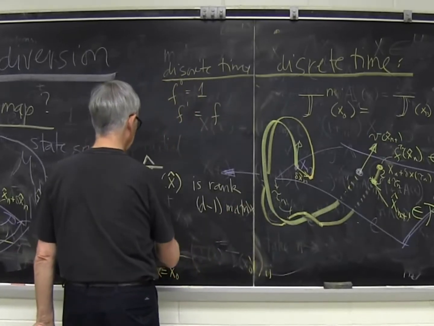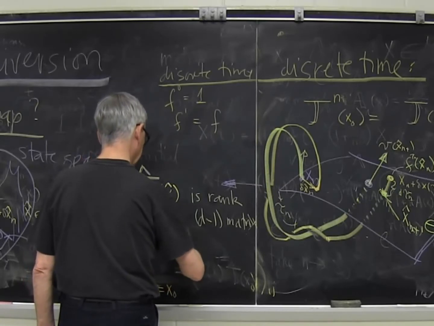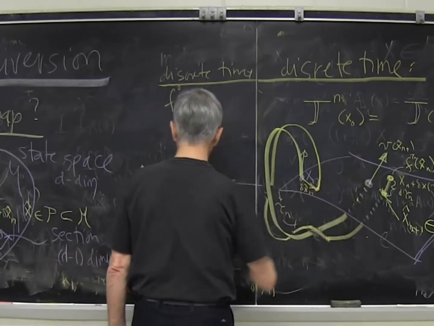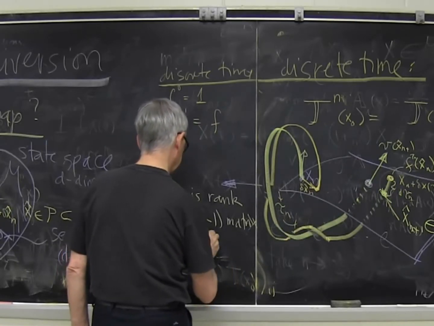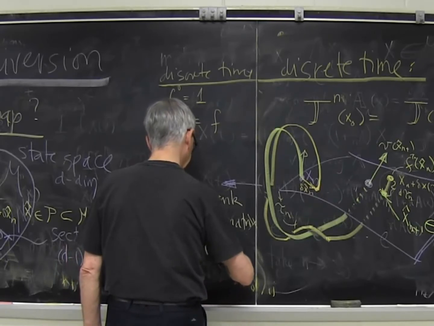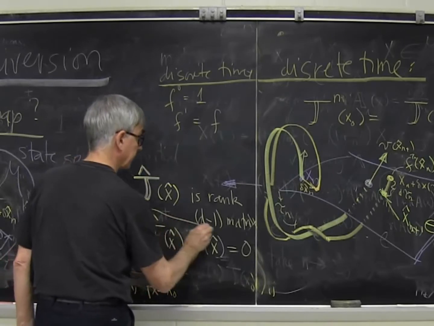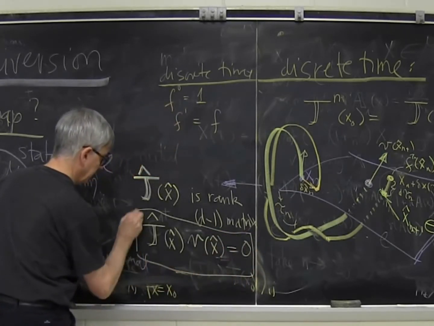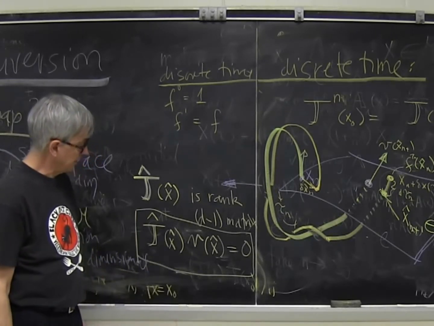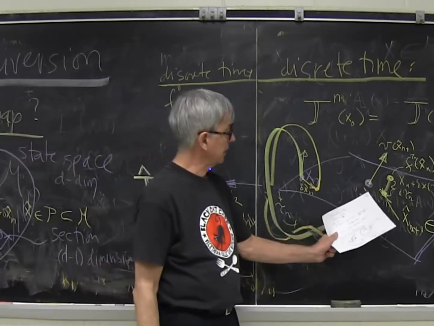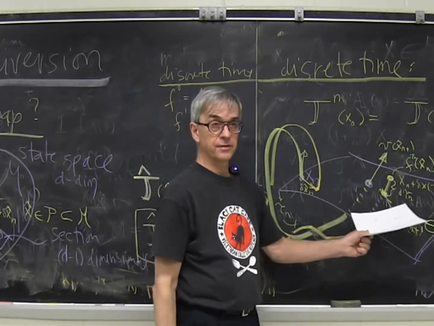And more specifically, you find that J of x prime times this vector here, evaluated at this point, that's 0. So one of the eigenvalues of the D plus 1 matrix is 0, and that means I'm not allowed to perturb along the trajectory. Nothing is gained. I'm only allowed to perturb transversely to it.